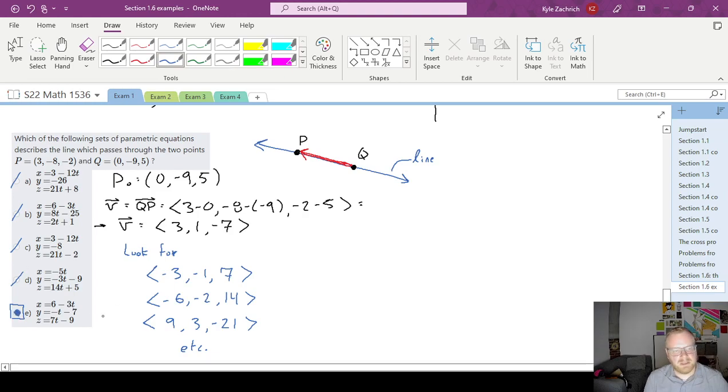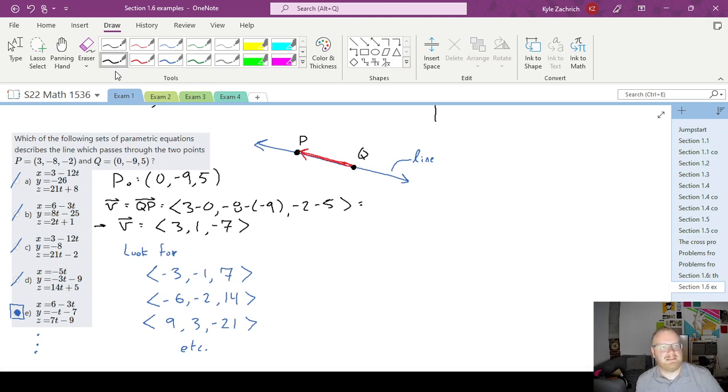If you continued down this list and you saw another one that had that same point, or that had a parallel direction vector to this line, you'd have to test that point out. So a way to test that might be, I would use this point here.